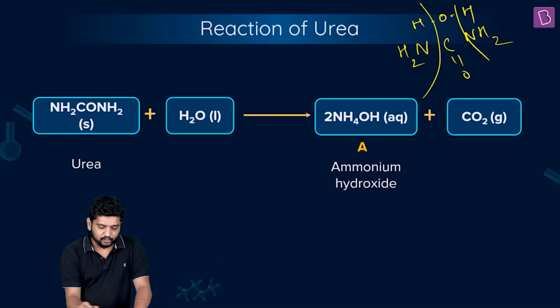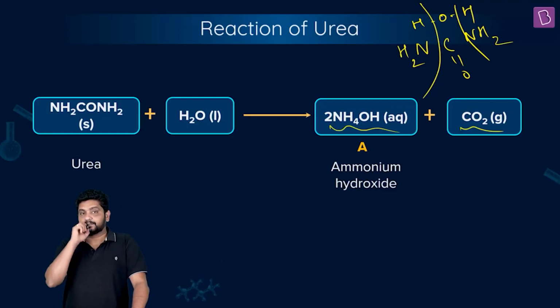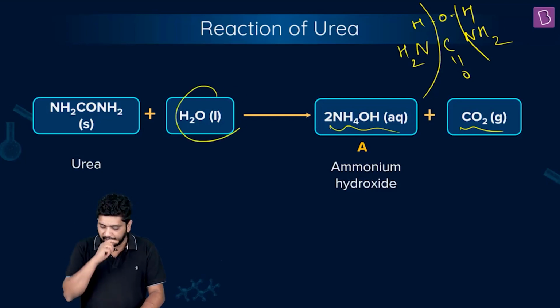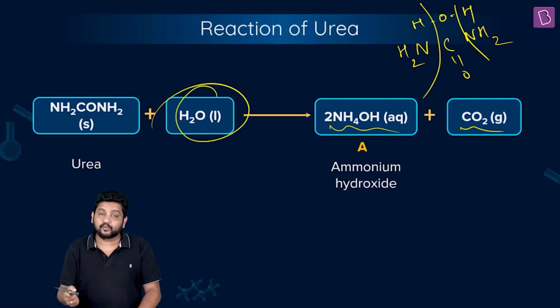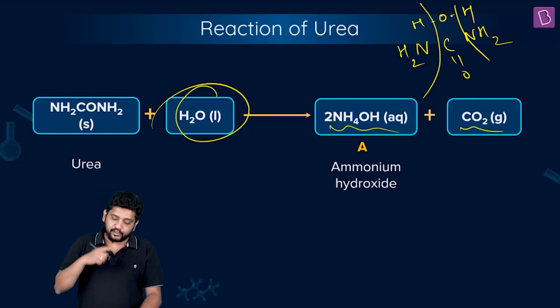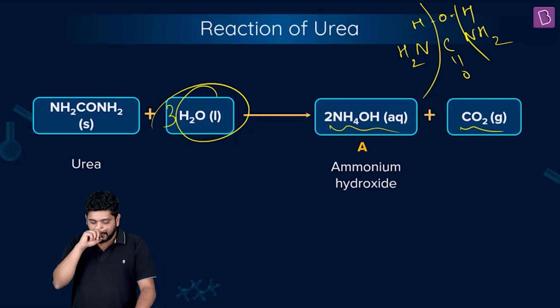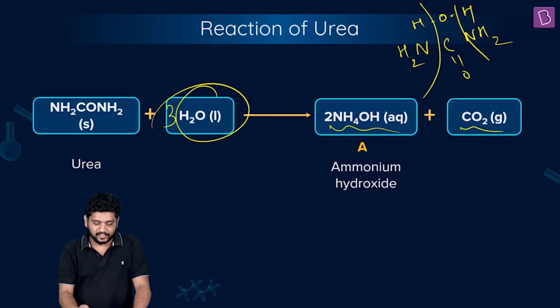So NH2CONH2 plus H2O gives us 2NH4OH plus CO2. Obviously it is not balanced, because more liquid H2O would be needed. But whatever, we are not looking at balancing.